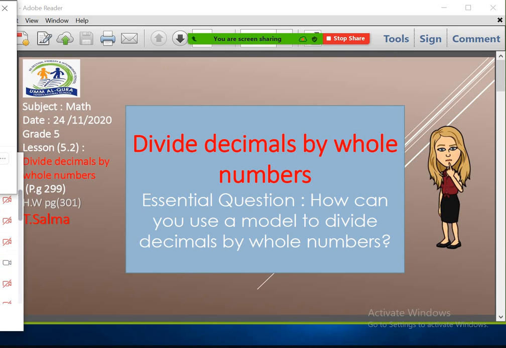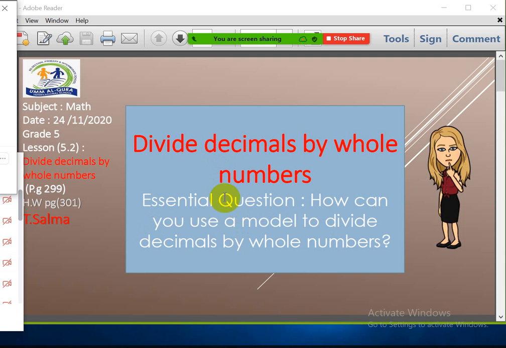So girls, you know that we learned how to multiply a decimal number by a whole number by using a model. In this chapter, we will learn how to divide a decimal number by a whole number. Our lesson today is how to divide those numbers by using a model.